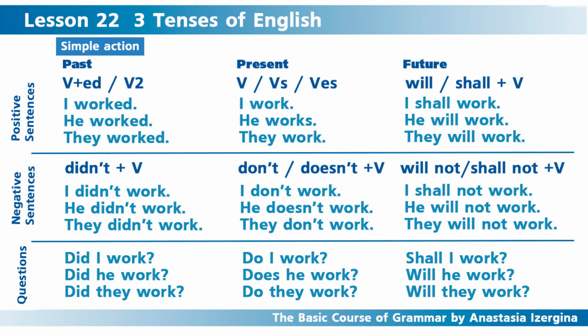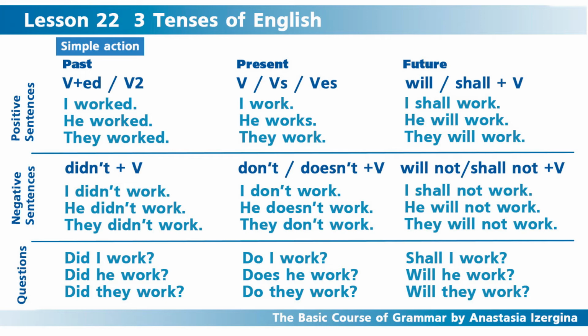The examples. Negative sentence in the past in simple action. I didn't work. He didn't work. They didn't work. Present tense, simple action, negative sentence. I don't work. He doesn't work. They don't work. Future tense for simple action in negative.